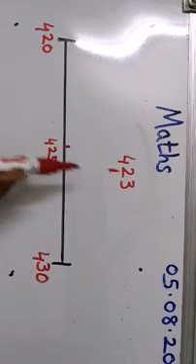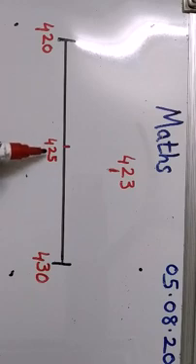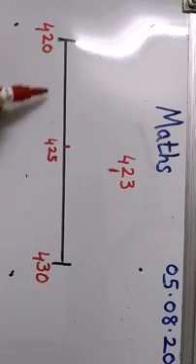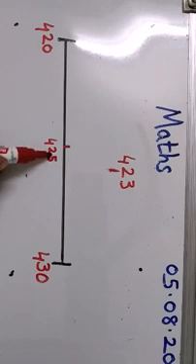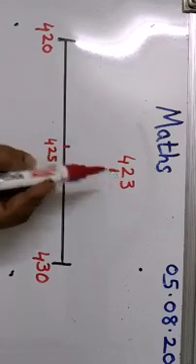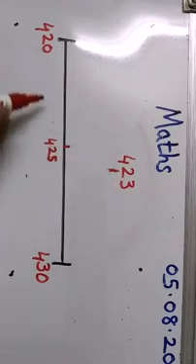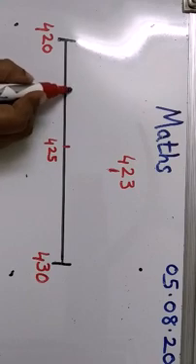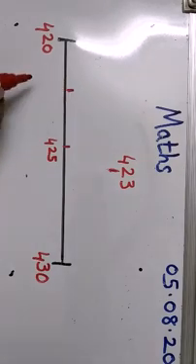Now 423, children, where does it fall? Will it fall below 425 or after 425? On the number line, it will be somewhere over here, right?